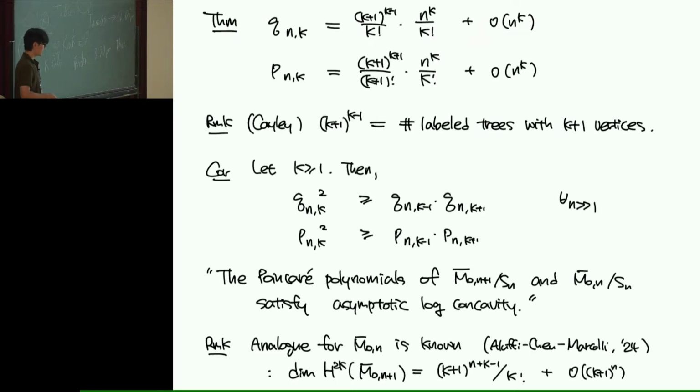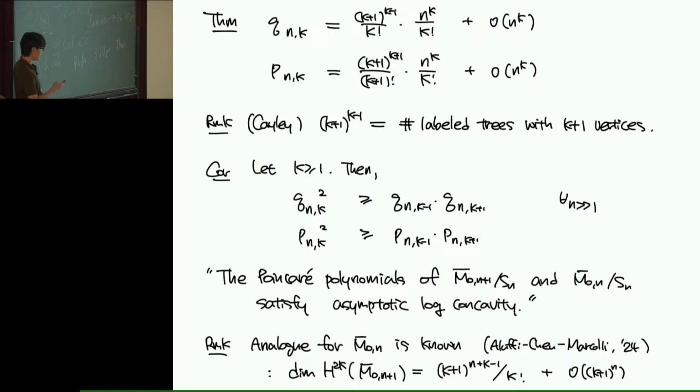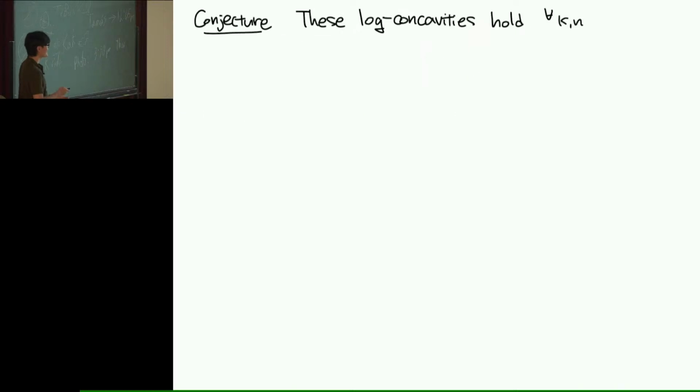They use that, but our approach can also recover this formula, so you can prove the log concavity. This means that if you fix a k, then the log concavity holds for every n except possibly finitely many n's. So that's why we conjectured that this log concavity holds for all n and k.